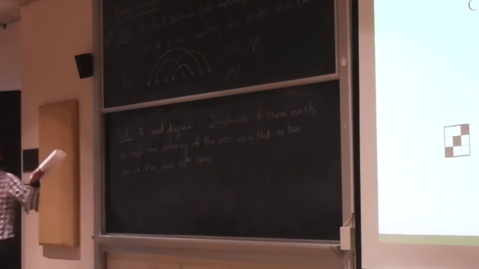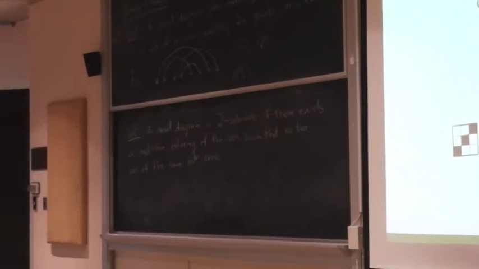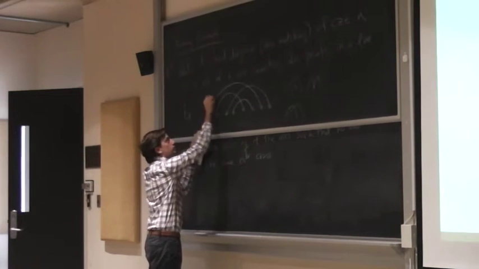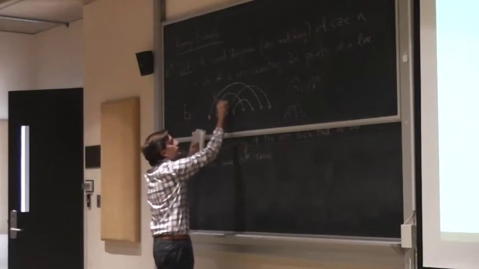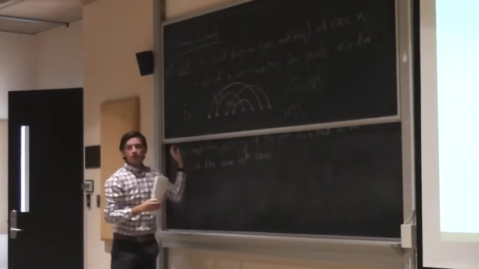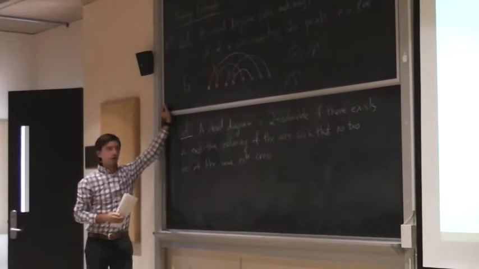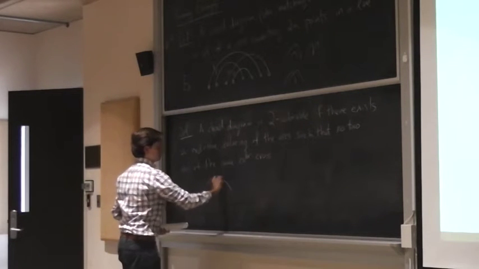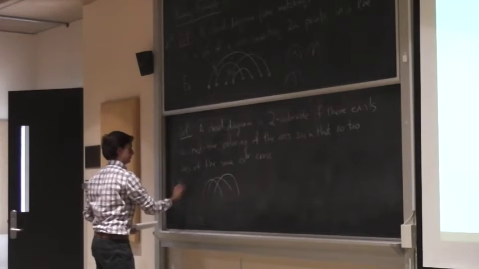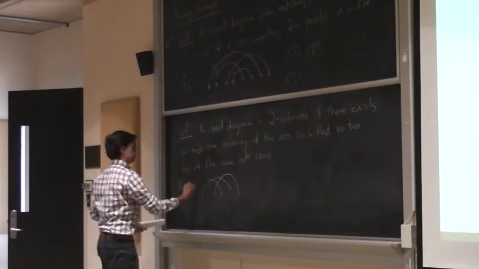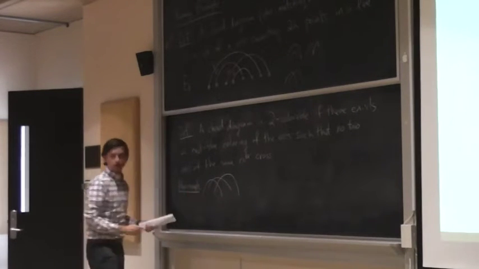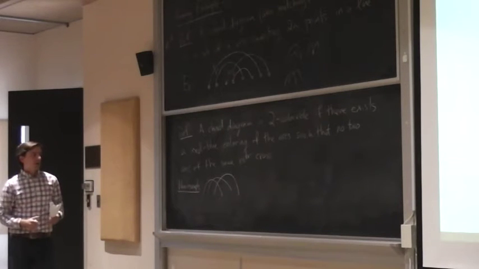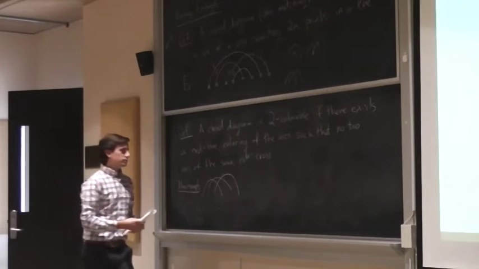So for example, the example I gave you above, this is 2 colorable, because I could color these first 2 arcs red, and these second 2 arcs blue, and then no 2 red arcs cross and no 2 blue arcs cross. An example of something that's not 2 colorable is this. No matter what you try to do, you can't color these such that no 2 reds cross or no 2 blues cross. And this is the sequence that I'm going to use as my example.